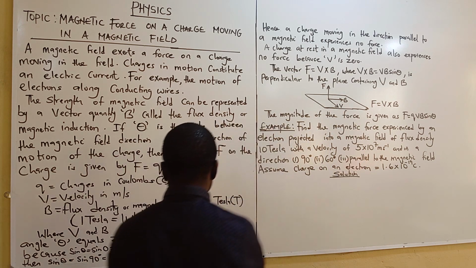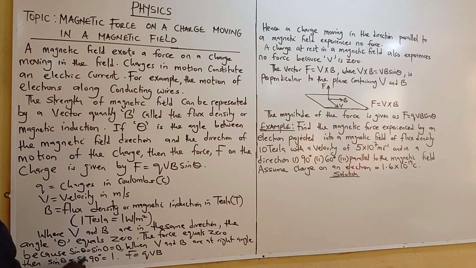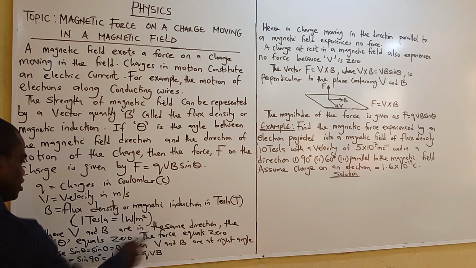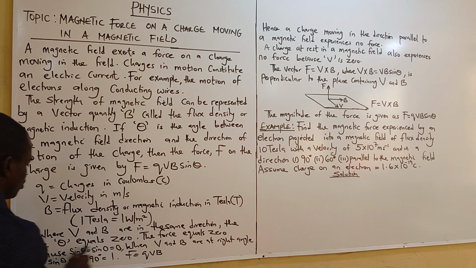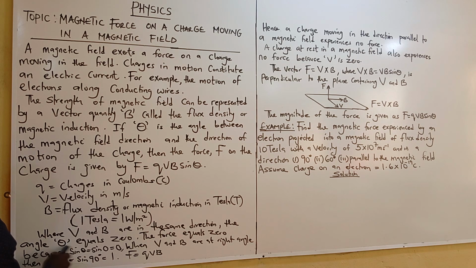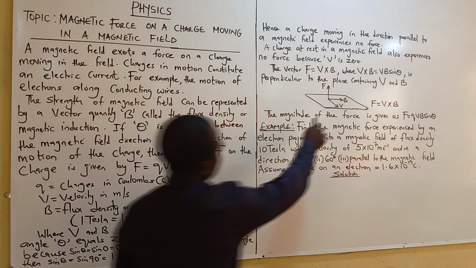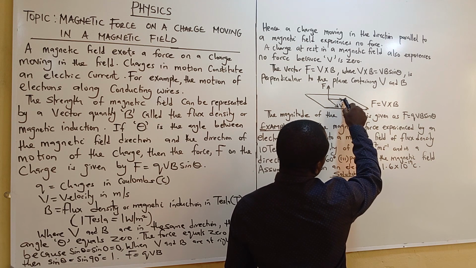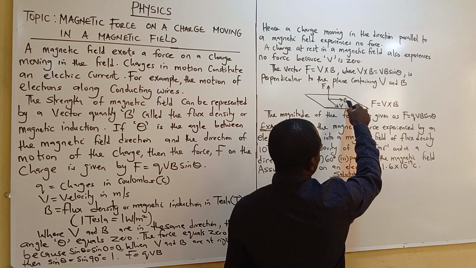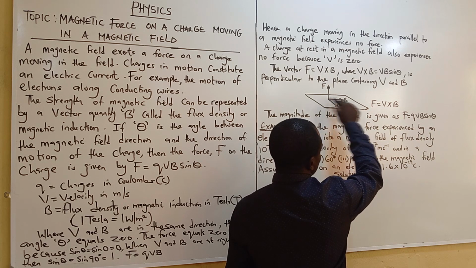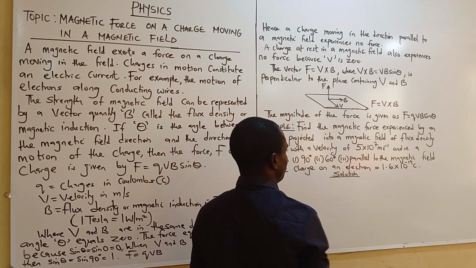That's why I said that when V and B are in the same direction, the angle theta equals 0. Let me say this is a line on top of this, the velocity of the electron, or the motion of the electron, and also the magnetic induction or the flux density. When they are parallel to each other, it is 0 at that point.